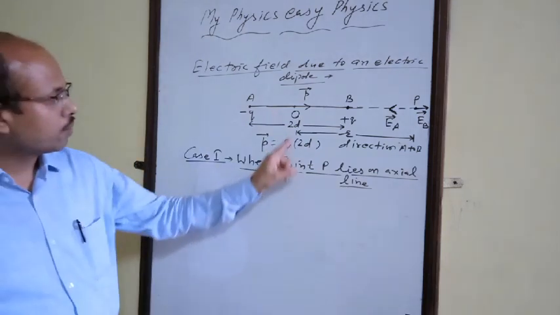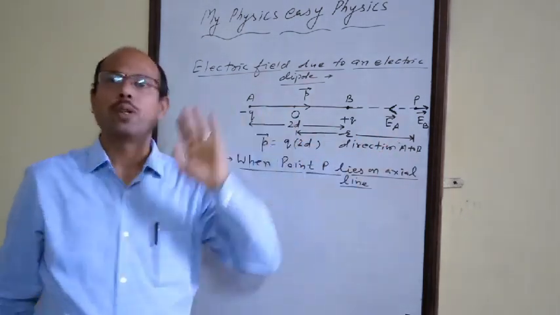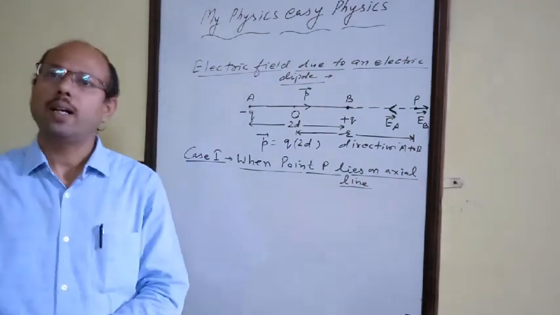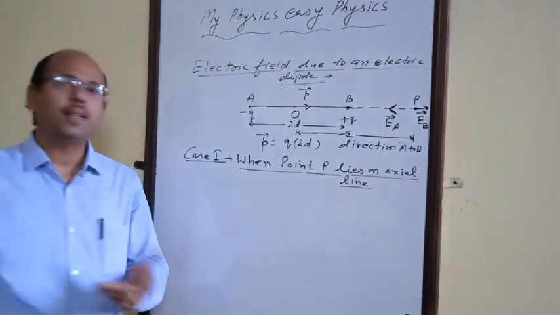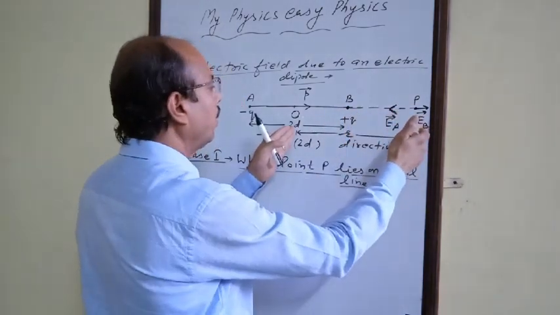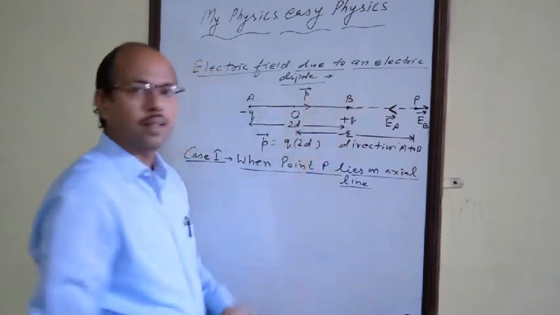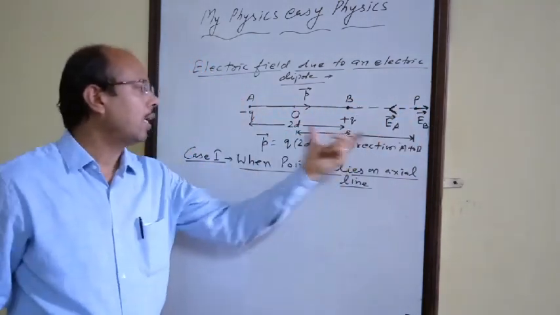Keep this in mind. Now we can easily calculate BP and AP. BP will be r minus d, and AP will be r plus d.